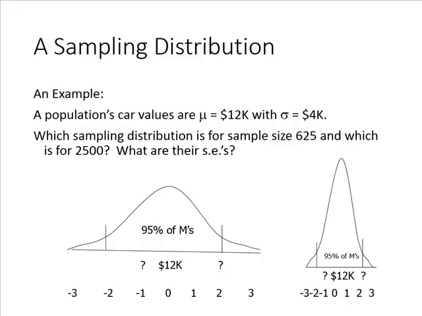That's about 68%. If we do 2 standard deviations, which is 95% of the cars, then it's somewhere between 4 and 20,000, using the empirical rule. But we've got a sample of 625 cars.